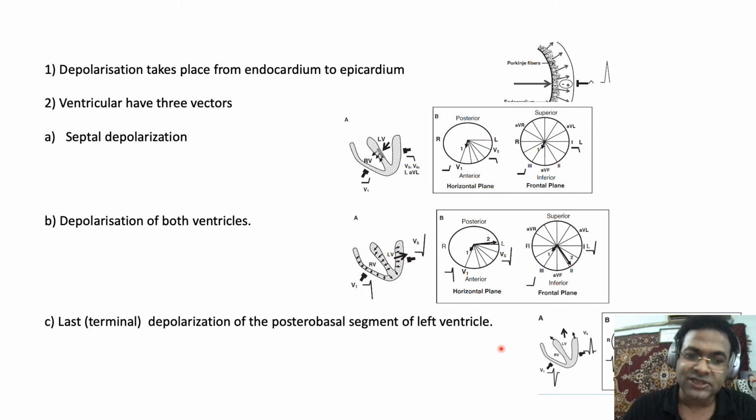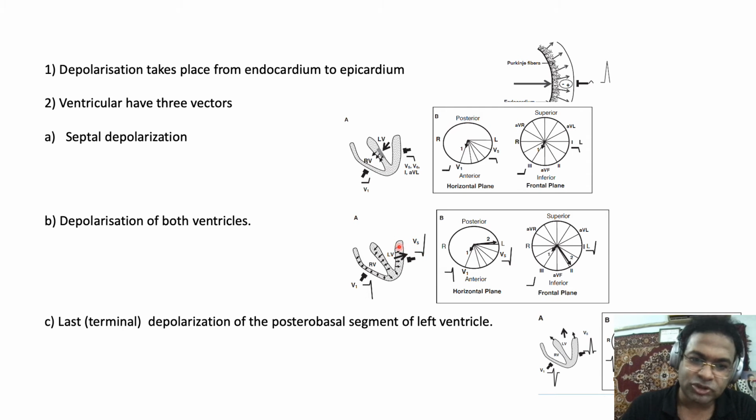And the last part is the terminal part, where it is going to the posterior-basal segment, coming back like this. So this again produces a positive deflection in V1, and it produces a negative deflection because it's going upwards, away from V5, V6 towards AVL and away from lead 1.